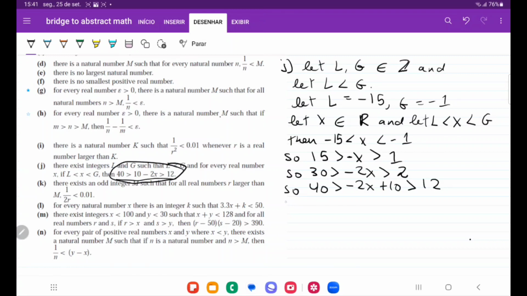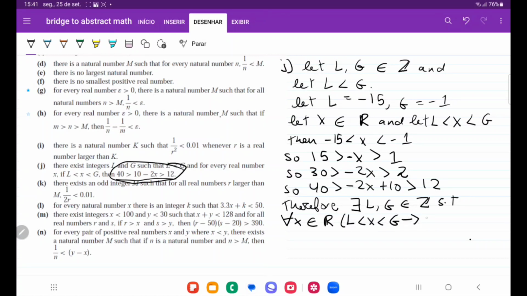Therefore, there exist L, G belonging to the set of integers such that for all x belonging to the set of real numbers, if x is less than G and greater than L, then 40 is greater than negative 2x plus 10, which is greater than 12. So that is it. We have proved item J.